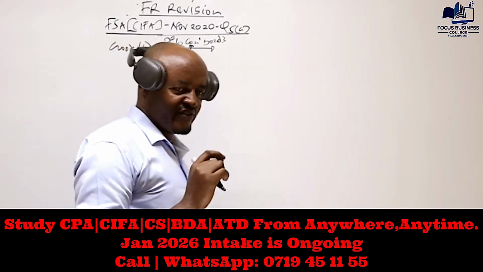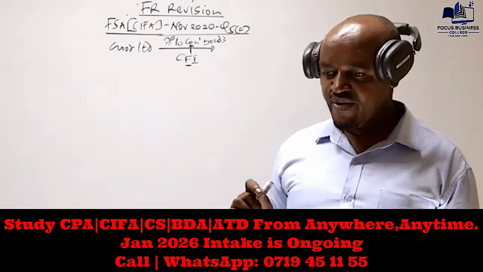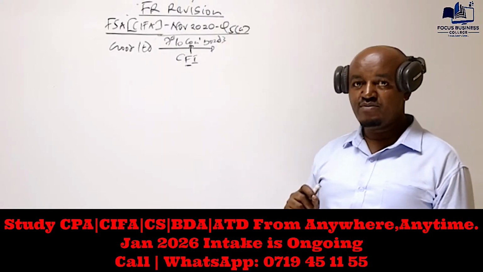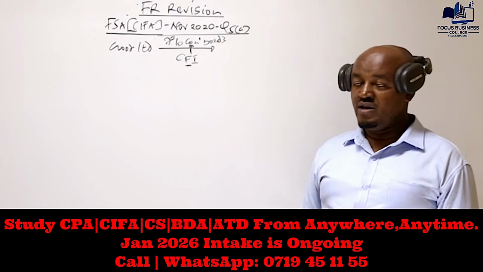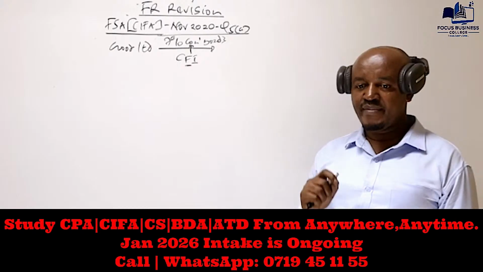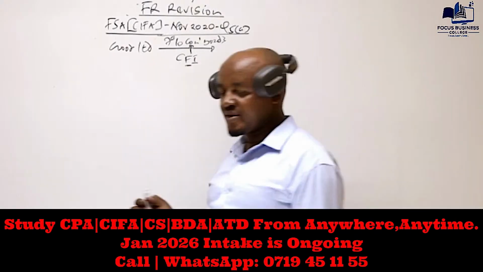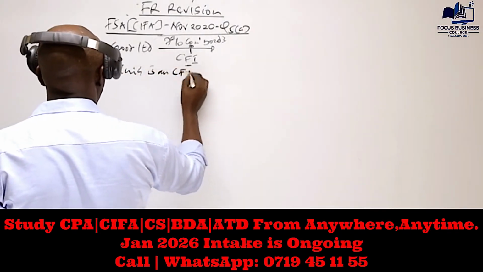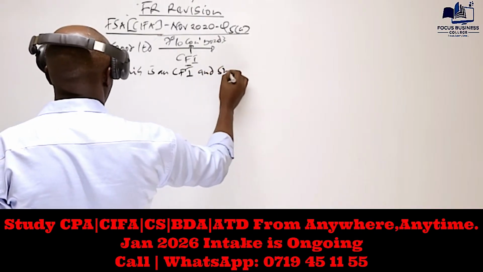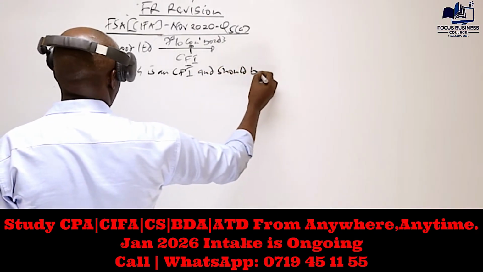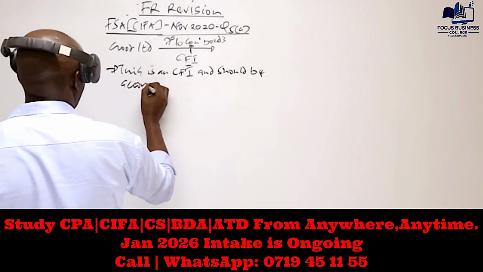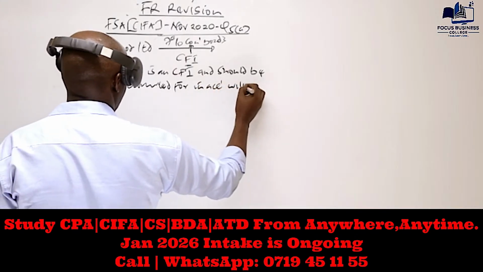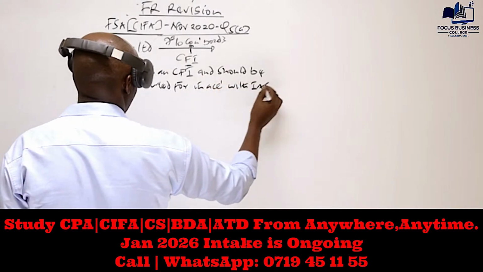That is very important: if you come across a question where a company issued debt instruments which are convertible, like convertible bonds, convertible loan stock, convertible debentures, you need to remember that it is a compound financial instrument, and it should be accounted for in accordance with International Accounting Standard number 32.